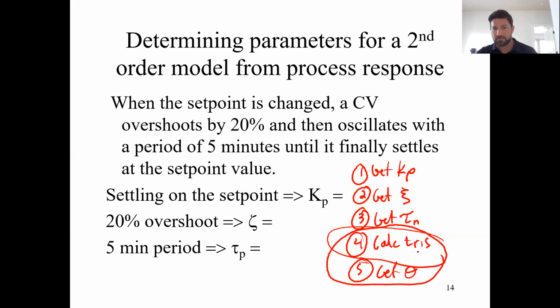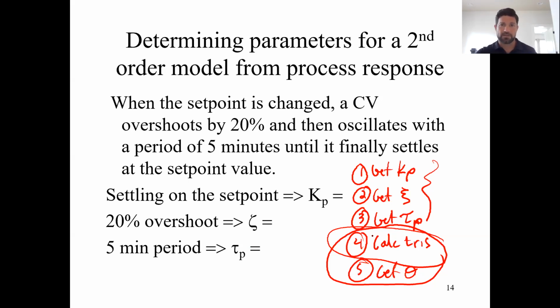If we calculate T rise and it doesn't match the actual time it takes, then we know the process might have dead time. We'll see what that means a little more next time. Once we have these terms and we know it's an ideal second order process, we can write the transfer function. I wrote this as tau n, but we were calling this tau p, so I'm just going to call this tau p.